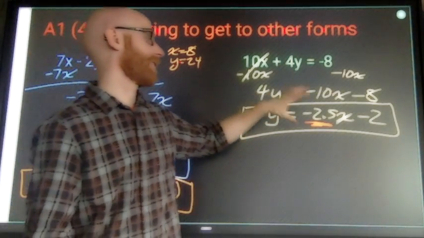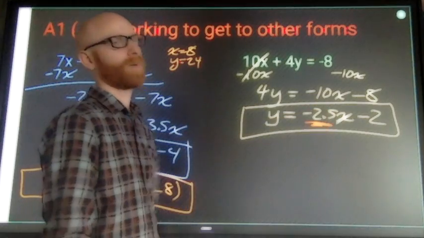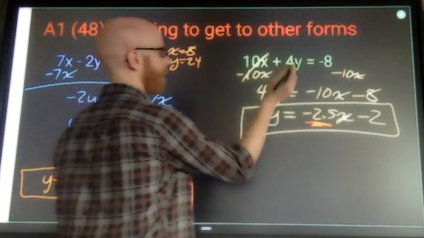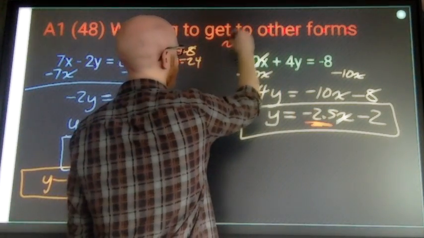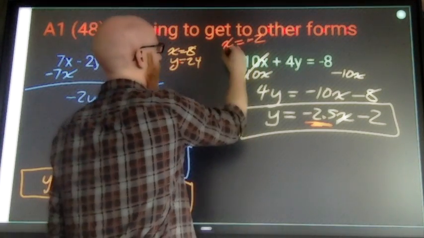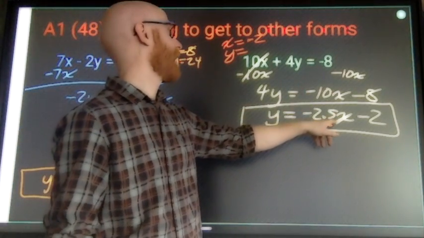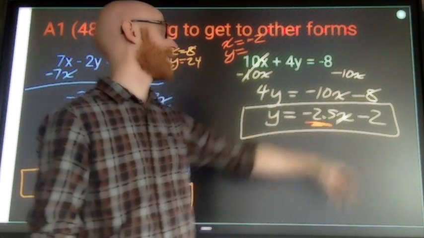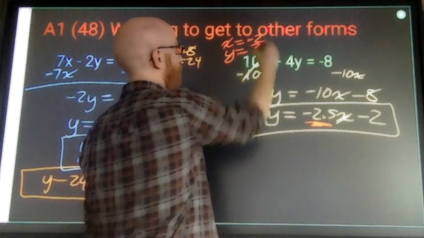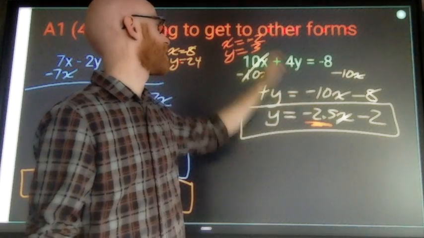If I want to turn this into point-slope form, I'm going to need a point. So I'm going to pick a number to be x. Let's say x is negative 2. All right. What is y when x is negative 2? Negative 2.5 times negative 2 is positive 5. Minus 2 is 3. All right. When x is negative 2, y is 3.